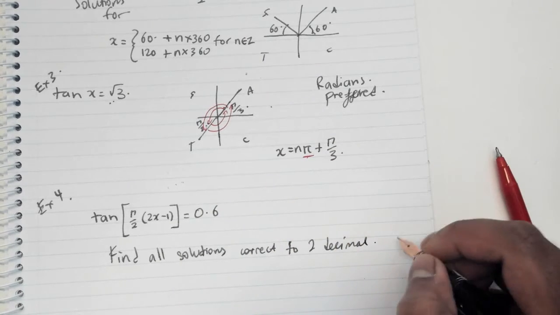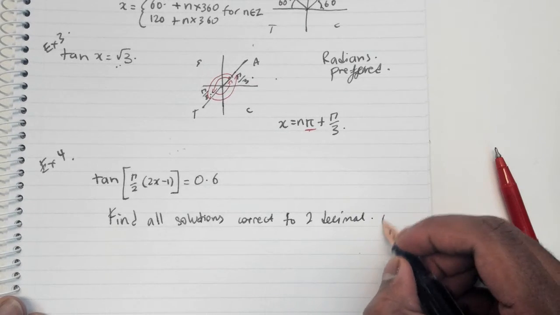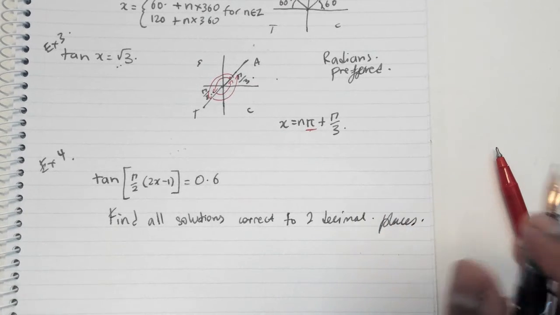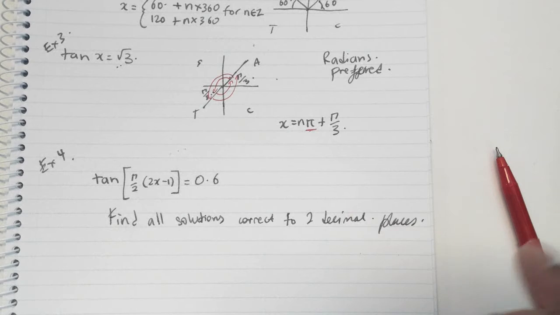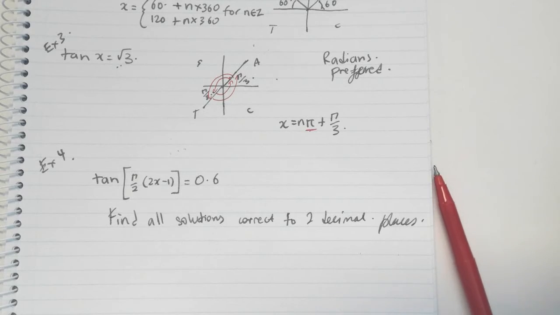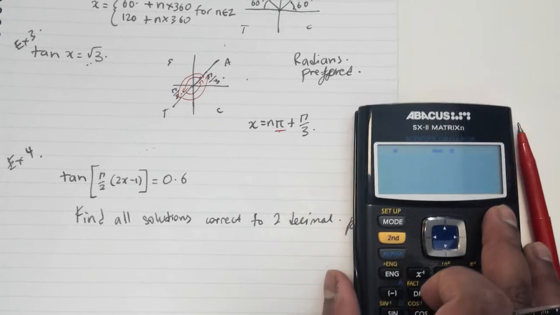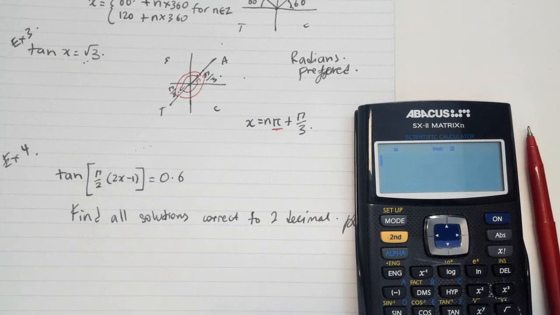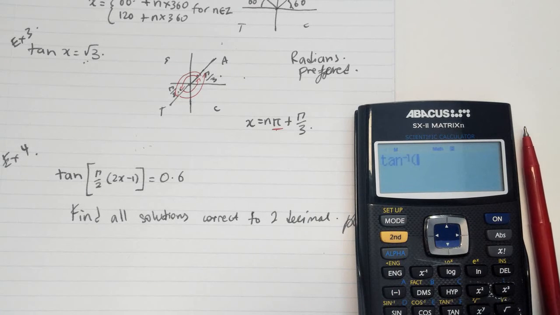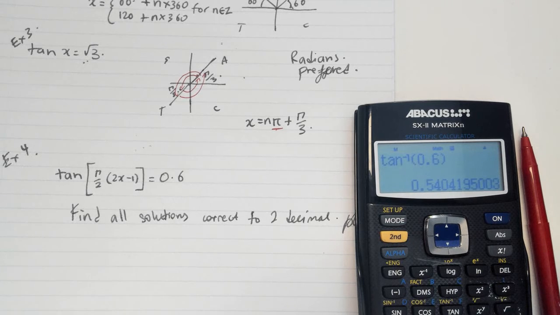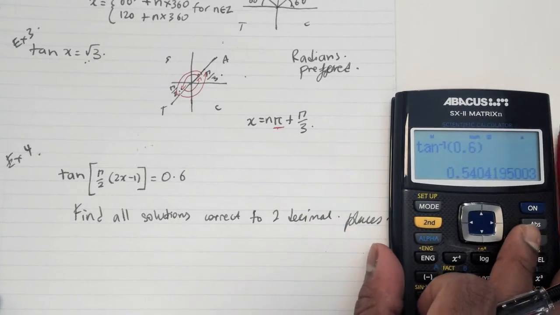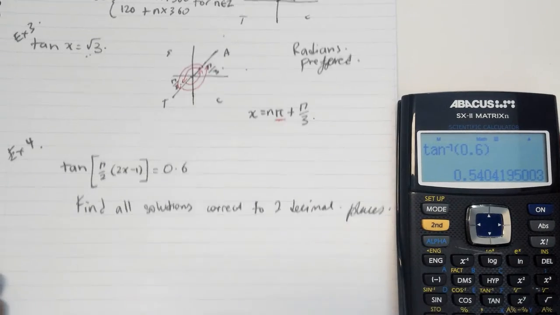So find all solutions correct to 2 decimal places. So we're going to need obviously a calculator for this one. Nothing too bad. We just go shift tan, 0.6, and it says that's 0.54.